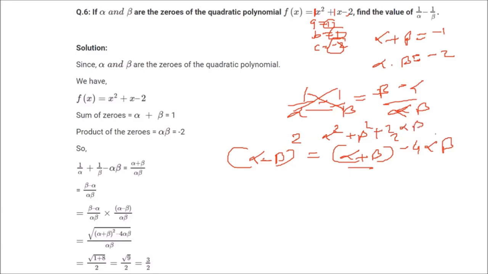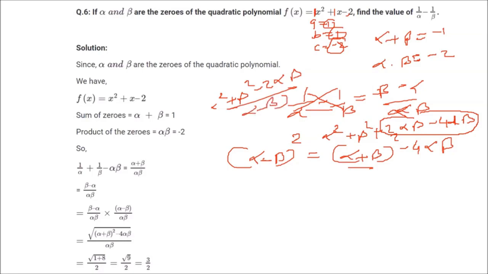And here we have minus 4 alpha beta. So 2 alpha beta minus 4 alpha beta is minus 2 alpha beta. So you get alpha square plus beta square minus 2 alpha beta. So what is this? This is alpha minus beta whole square only, right? That is why we have written like this. So alpha minus beta whole square is alpha plus beta whole square minus 4 alpha beta.